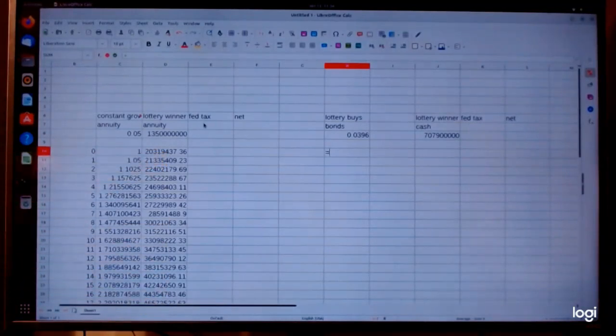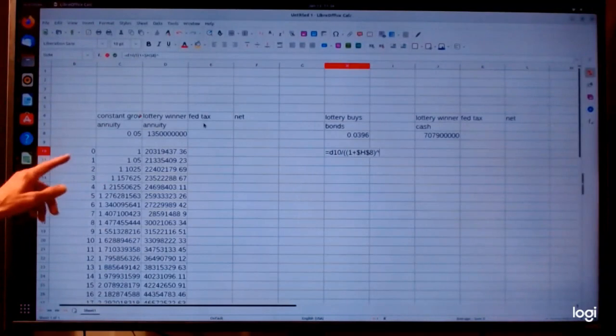so that's going to be what, D10 divided by 1 plus H8, and we raise that to the B10 power.